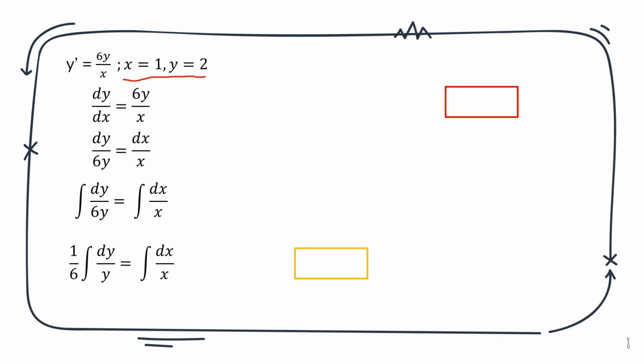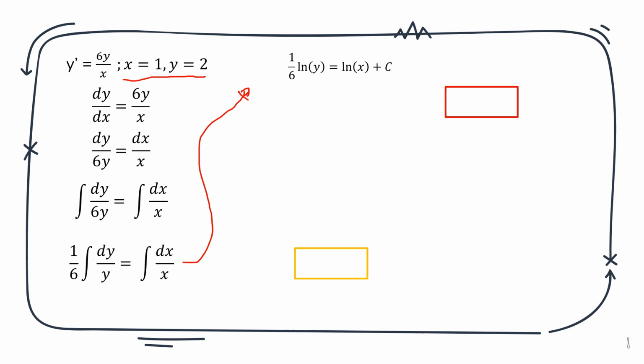So, sunod naman niya ay dito, ang integral ng dy over y is equal to ln of y. And ganun din ang integral ng dx over x.